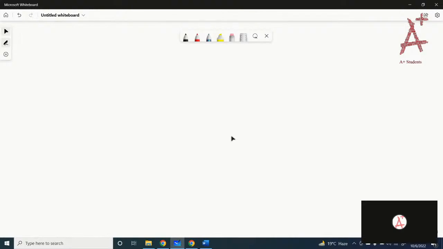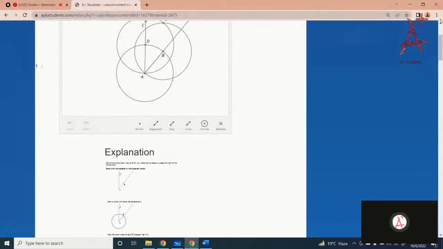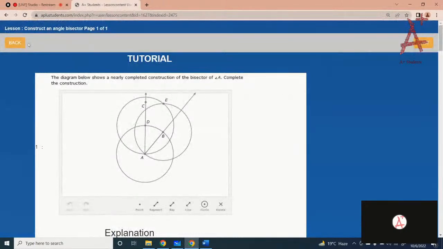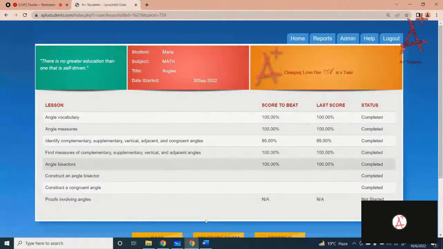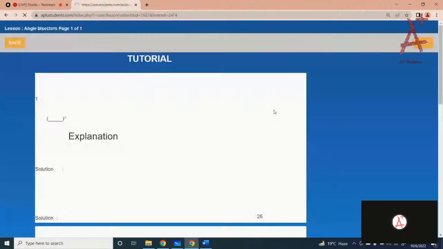Yes, same is the case for this one, because I don't have the tools to do these questions on board. Okay, leave the ones we have. To complete the test for the topics we are doing, we are doing angle bisectors.